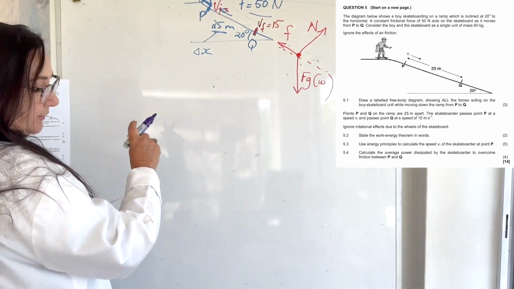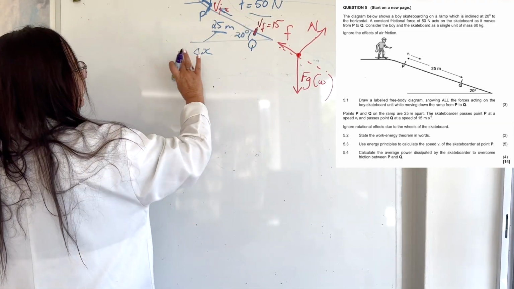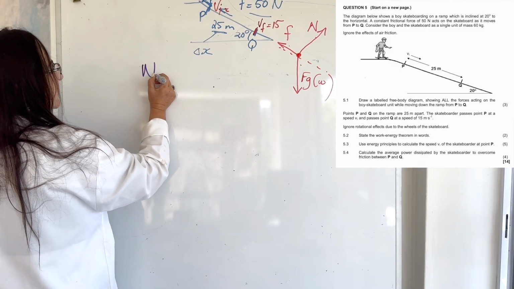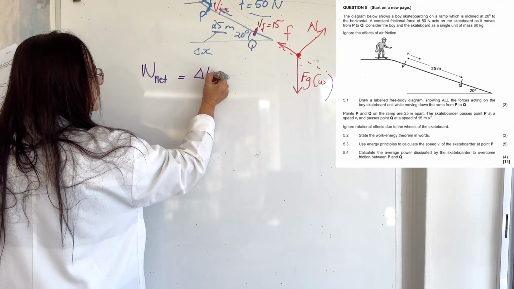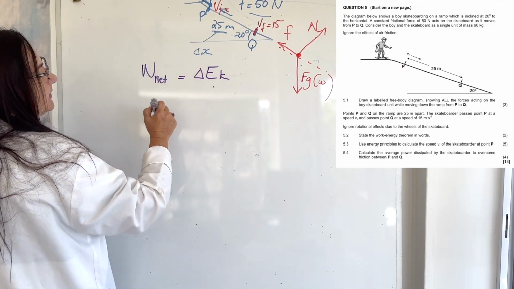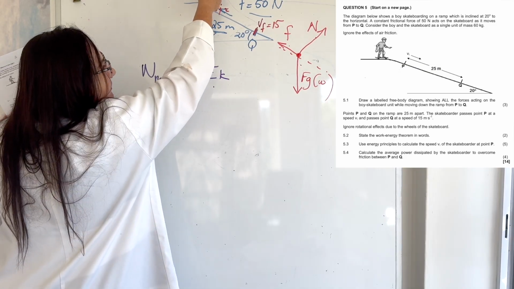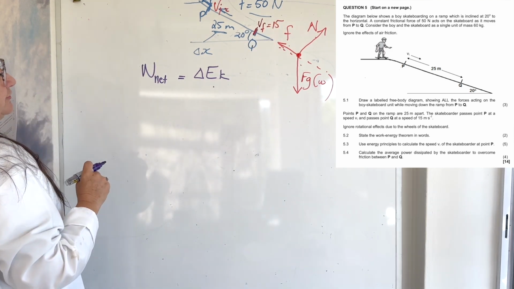So, where do we start? We say, alright, what are the forces working on it? My work energy theorem states that the work done by my net force equals the change in kinetic energy. So my energy is going to change from an initial velocity to a final velocity of 15.